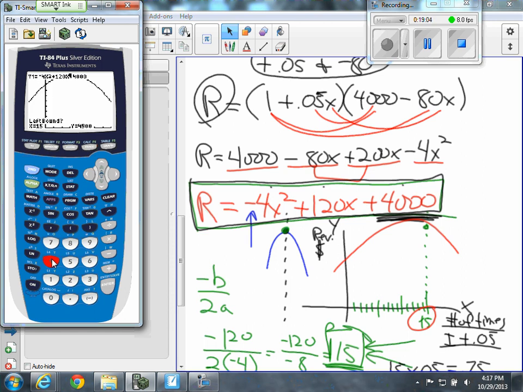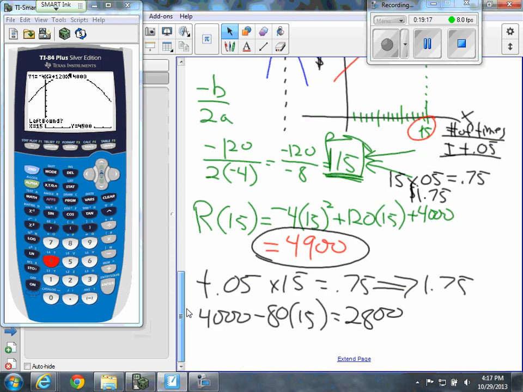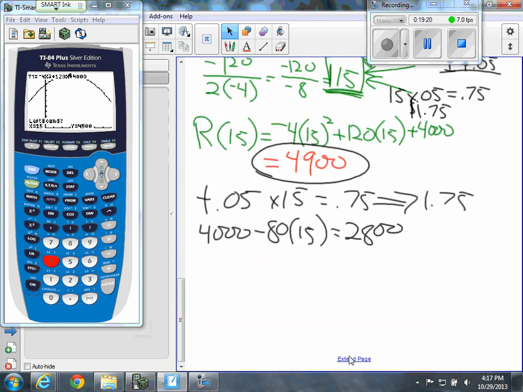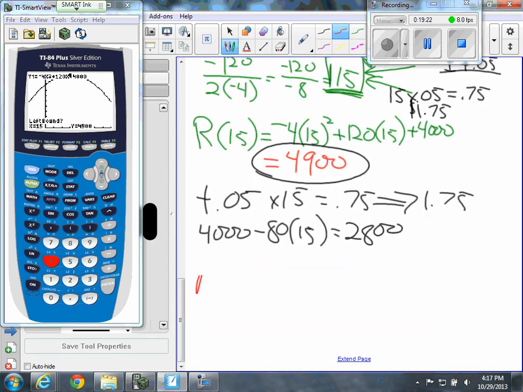And it's asking me, I need to define the neighborhood where that maximum is. If I define the neighborhood wrong, then I'm not going to get the right maximum. We know that the maximum is 4,900, and it's where x is equal to 15.